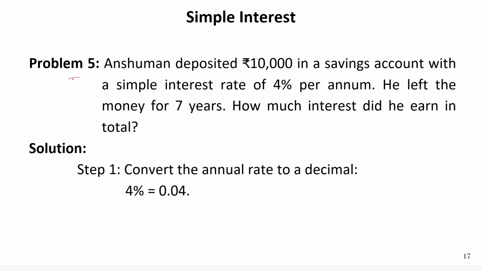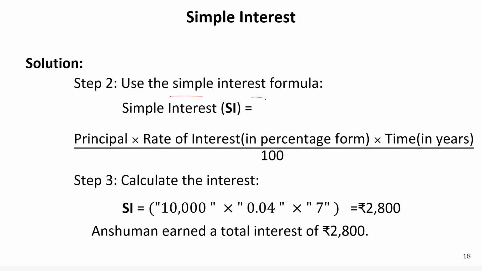So let's see problem number 5, step-by-step solution. Step 1 says convert the annual rate from percentage to decimal. So 4% is equal to 0.04. So using the simple interest formula, simple interest is equal to principal into rate of interest into time by 100 in percentage form.